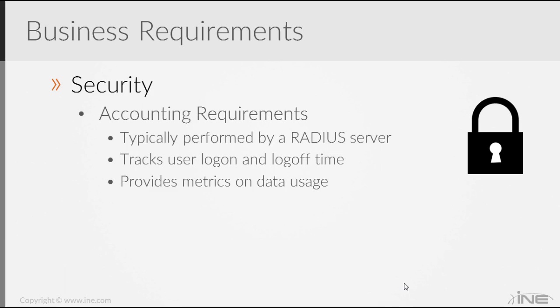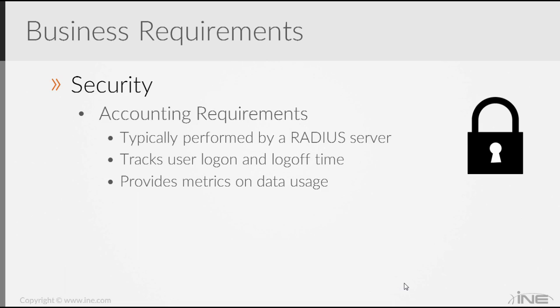I want to provide a little bit of background about the accounting requirements that are part of a RADIUS server, also known as a AAA server. AAA stands for Authentication, Authorization, and Accounting. This is basically the main database for enterprise-level security that verifies that you are who you say you are when you're coming onto the network.